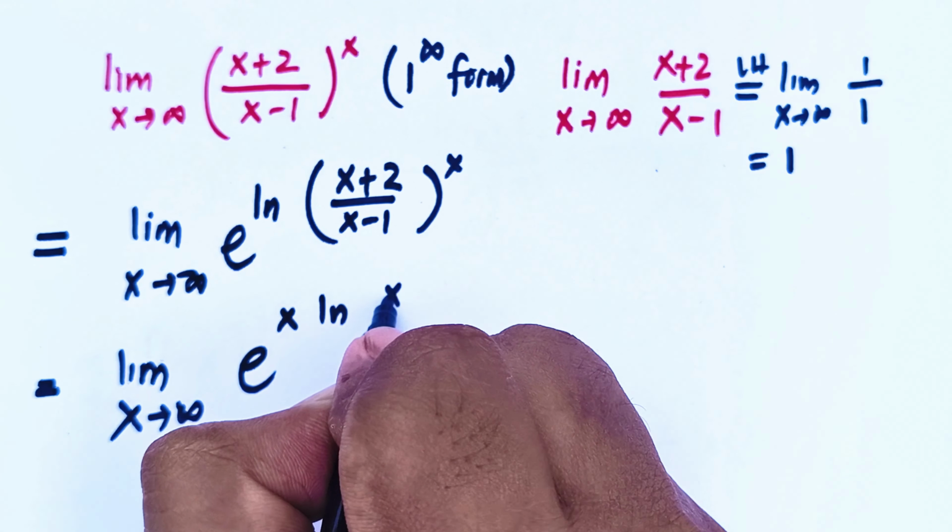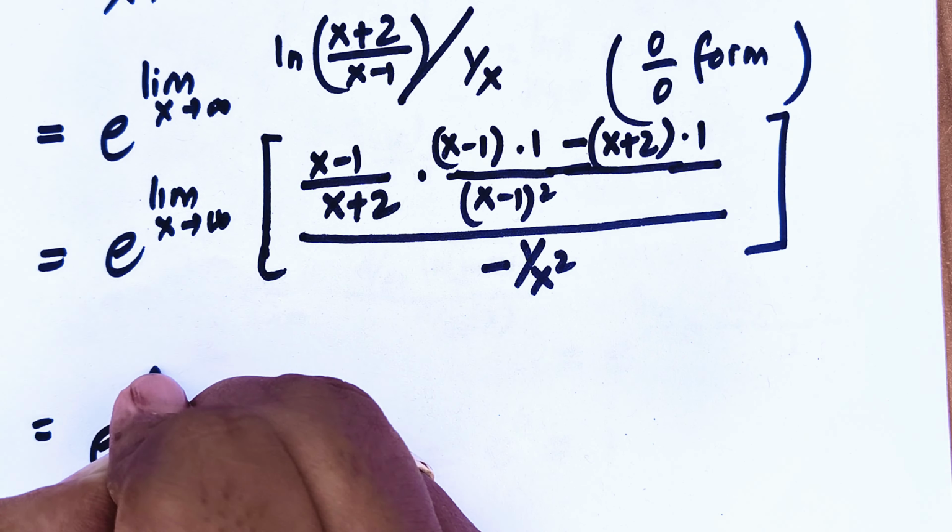Then subtract, keep numerator as it is, then derivative of denominator which is 1. And in the bottom we have the derivative of 1 over x, which is x to the power minus 1, and whose derivative is minus 1 over x square. This is our limit. Here we have e.